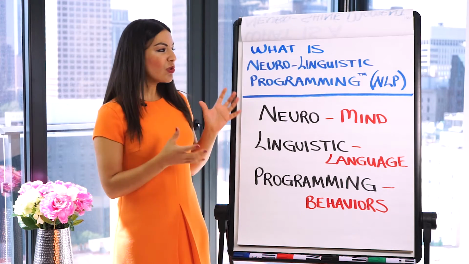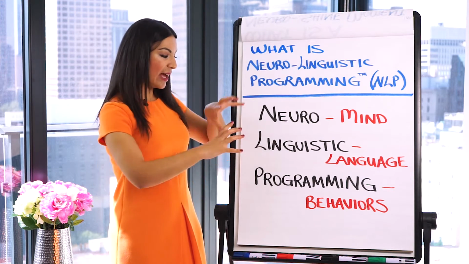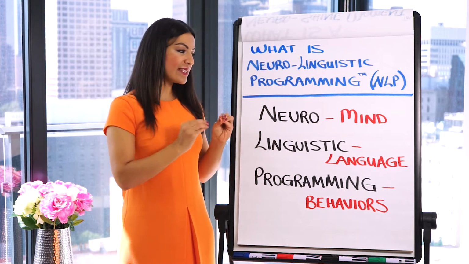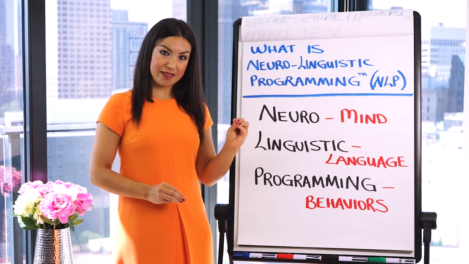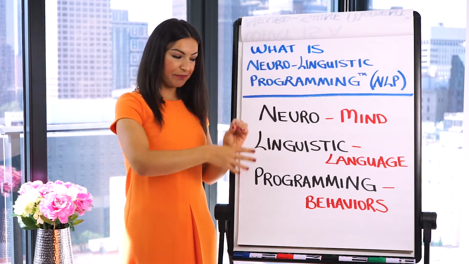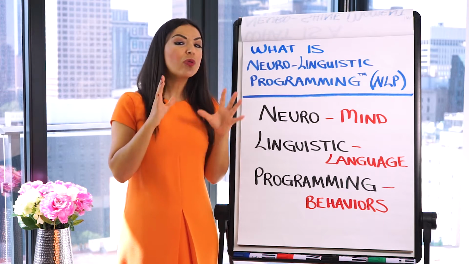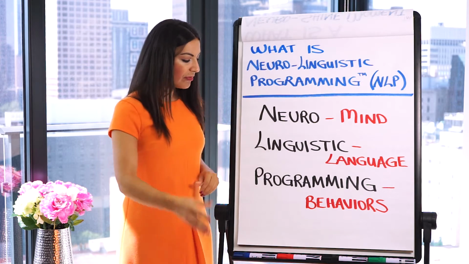As you see, Neuro-Linguistic Programming is a combination of three parts. Neuro represents your autonomic nervous system, mostly your mindset. Linguistic represents your language patterns, both verbal and nonverbal.